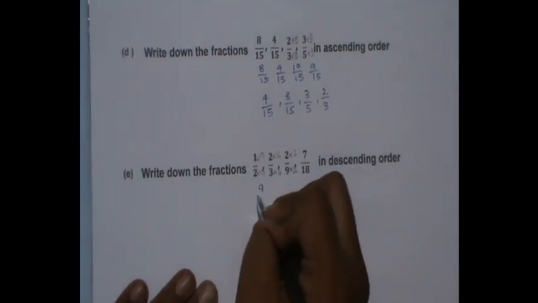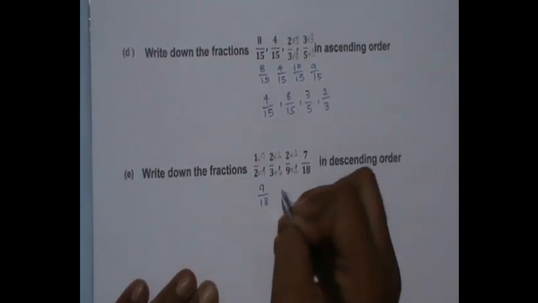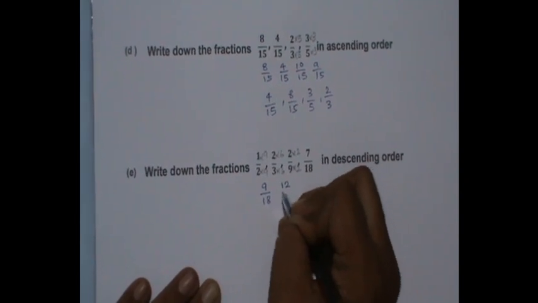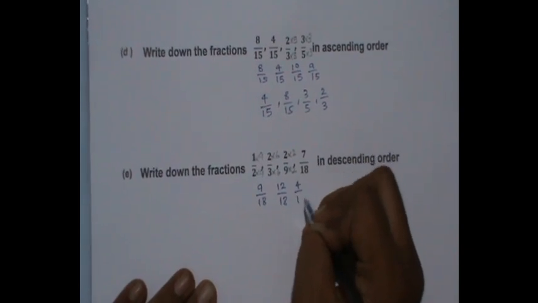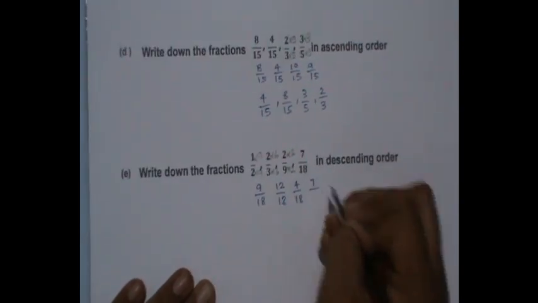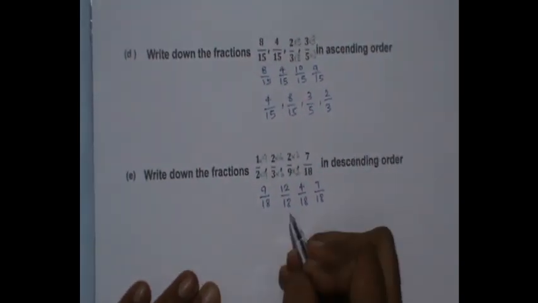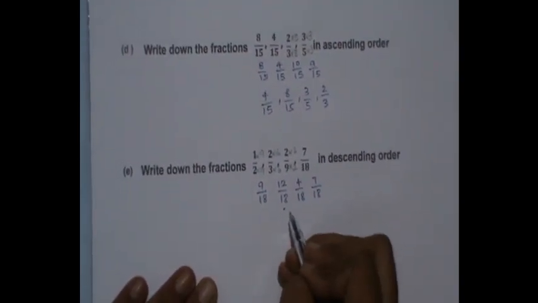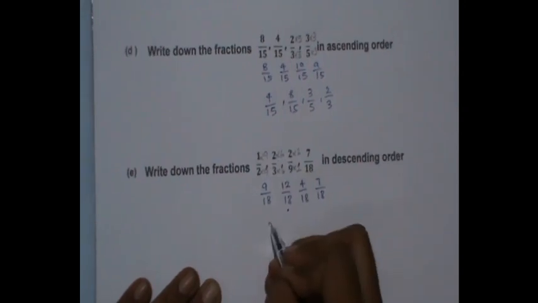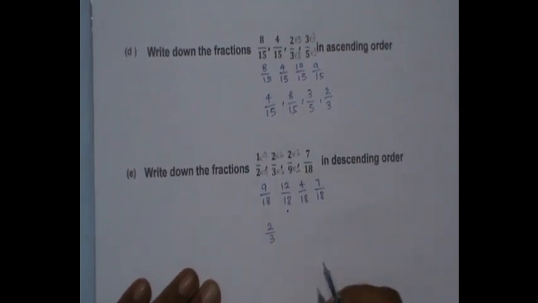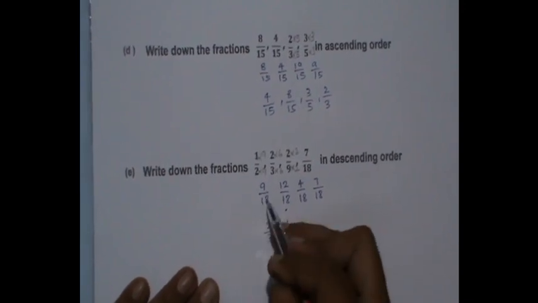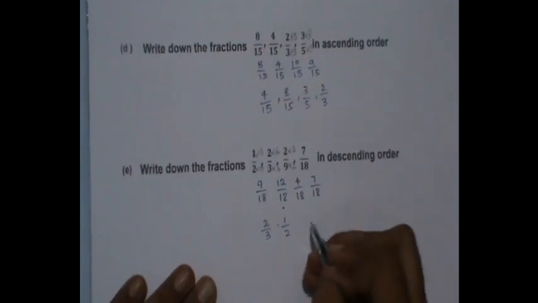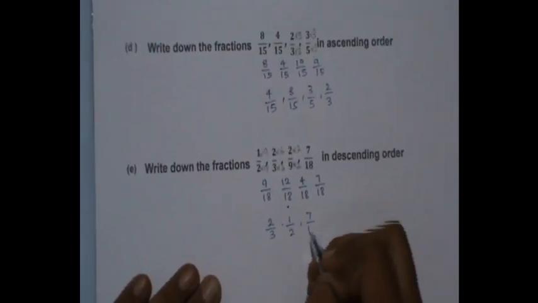So we have here 9 and 18, here 12 and 18, 4 and 18, 7 and 18, right? So this is the largest one, so we can write 2/3. Okay, then we can write half, this one, and this one, 7/18.